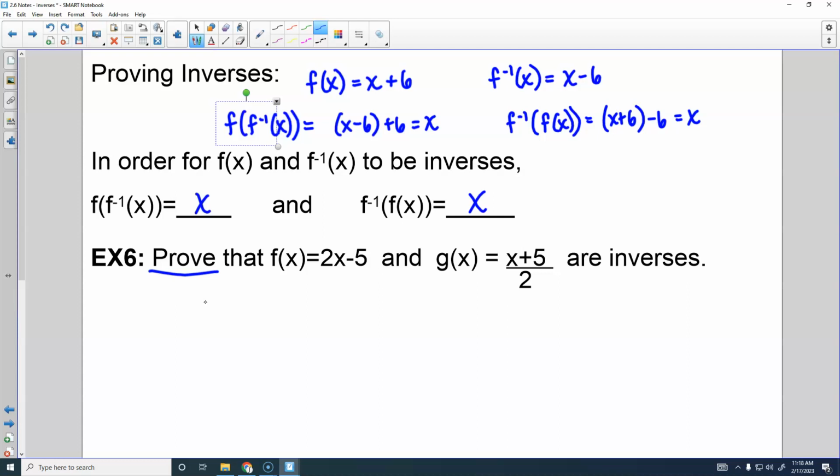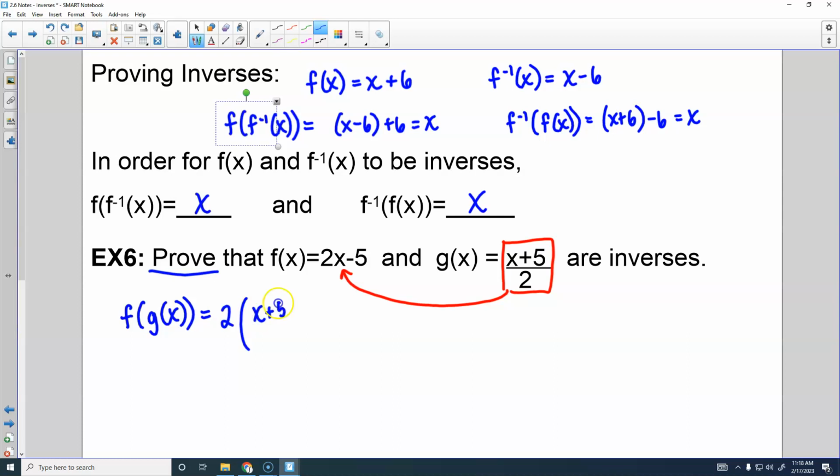Okay, so all we're going to do if we're trying to prove that they're inverses is we want to find f of g of x, right? Which means that we would take g of x and we would plug it in over here for our x. So that would look like this: 2x plus 5 over 2 minus 5.